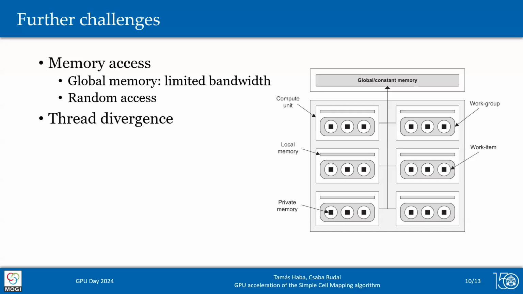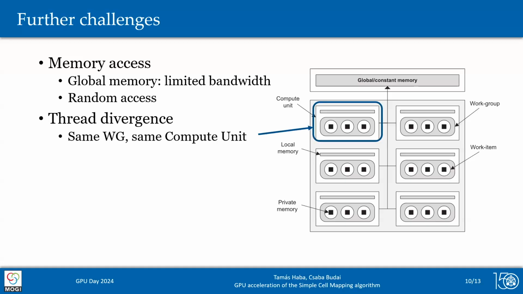But another key problem is thread divergence, because in the initial implementation, the work items are assigned to the same compute unit in the same work group, and that means that they share the same program counter.